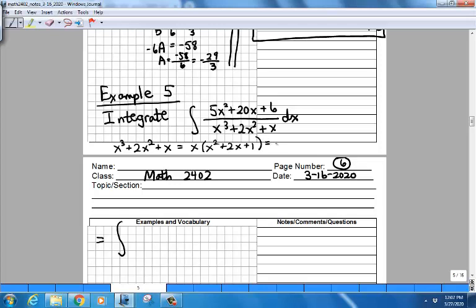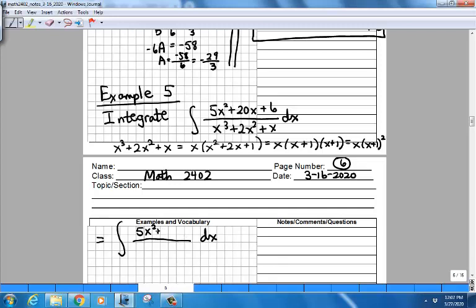X squared plus 2x plus 1 is x plus 1 times x plus 1, which is x plus 1 times itself. Now you can write that in a more efficient form as x times x plus 1 squared, right? So our denominator does factor, and that gives us a lot of hope that we're going to be able to find this antiderivative by using partial fractions.